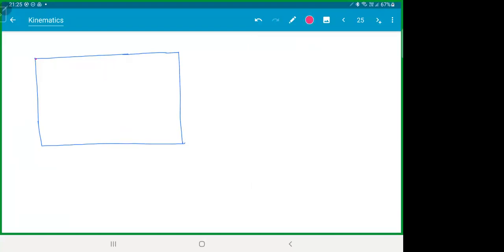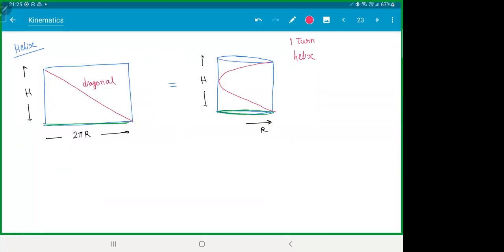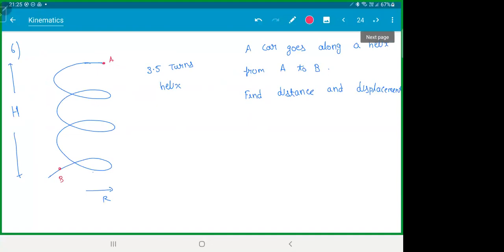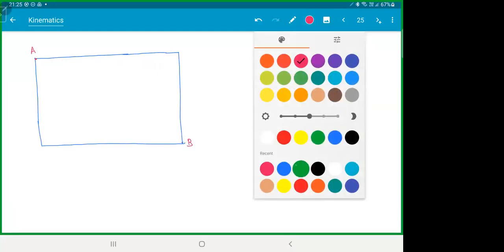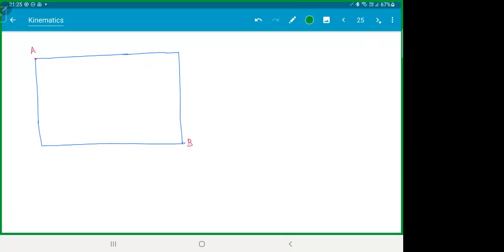Now be careful here. See what is happening. For every 1 revolution you come down by a height h, but here the total height is h. So this is point A and this is point B. Now be careful here. In one turn, you travel a distance of 2 pi r. Isn't it? Every time you complete one turn, you travel a distance of 2 pi r. Then when you go for the second turn, so this is the first turn.